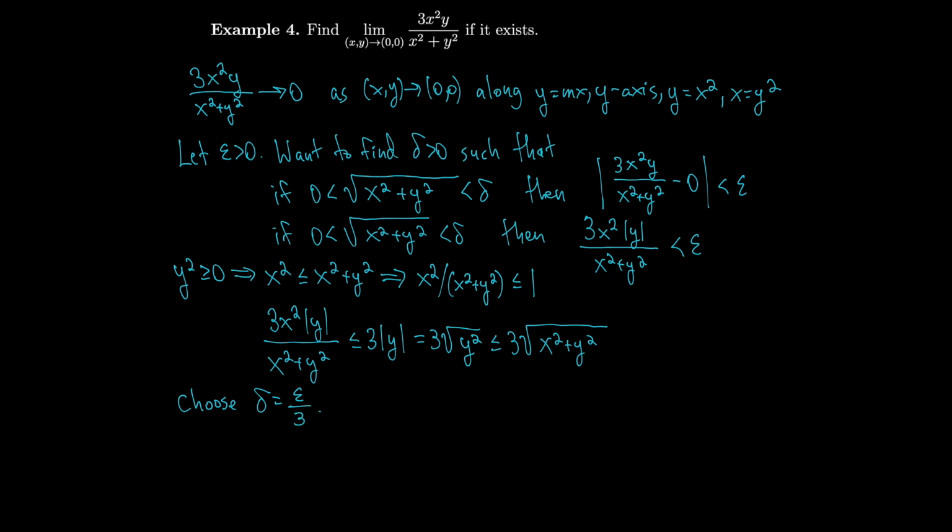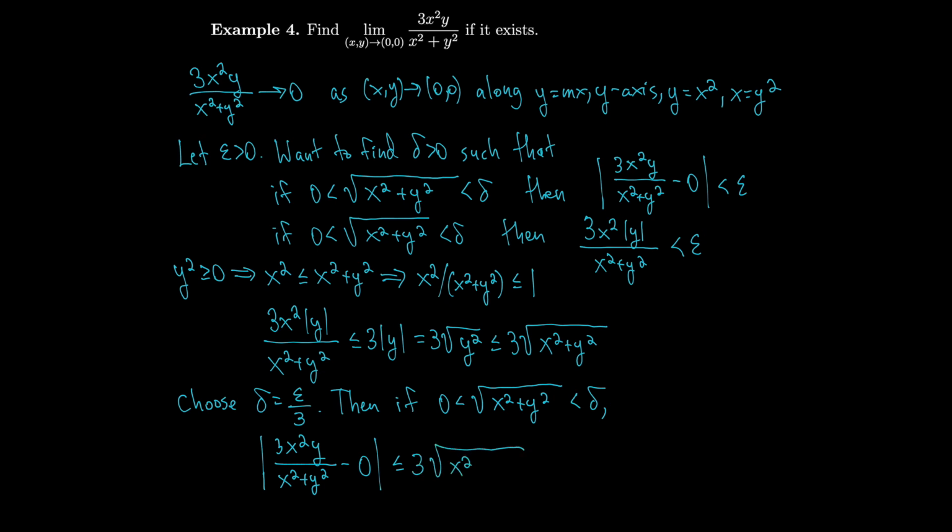Okay, and now let's test this. If the distance between our x and y and our origin is less than delta, then we'll have 3x squared y over x squared plus y squared minus 0 is less than or equal to 3 times the square root of x squared plus y squared, as we showed.